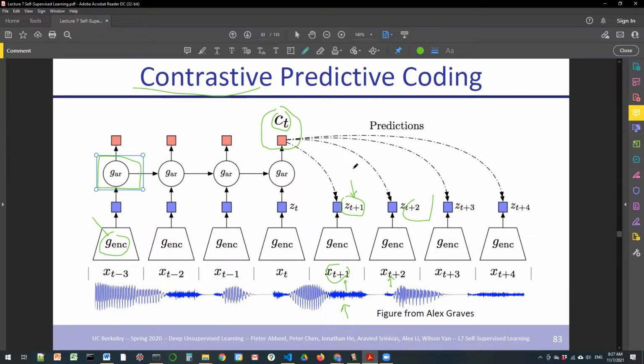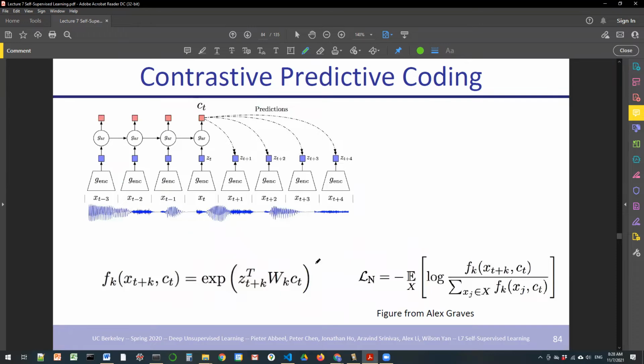So if we look at multiple predictions in the latent space that are emerging out of the context prediction, then you can think of different W matrices being learned. That's what is shown here, that you do predictions not just at this single future latent, but at multiple time steps, where K is the time steps. And so you end up learning a multitude of the W_k's that help you predict multiple time step futures, right?